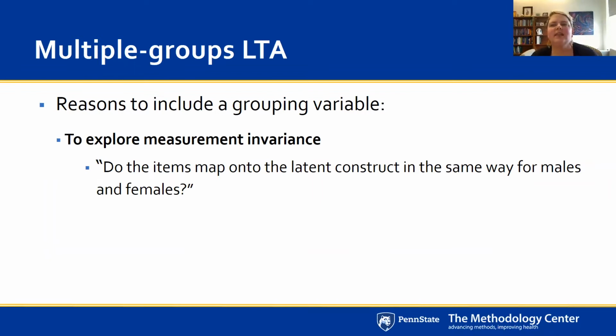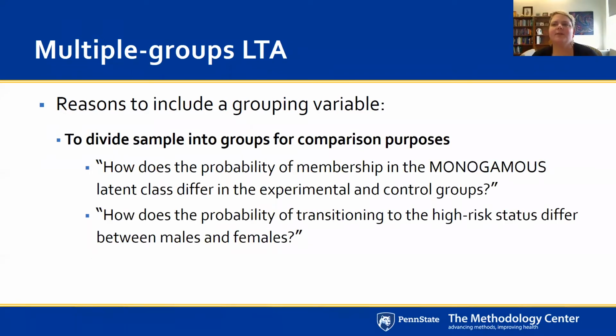So the first thing that you usually start with in LTA is looking at measurement invariance across groups or even across times. Once we establish measurement invariance, then we might want to include a grouping variable to divide the sample into groups for comparison purposes.